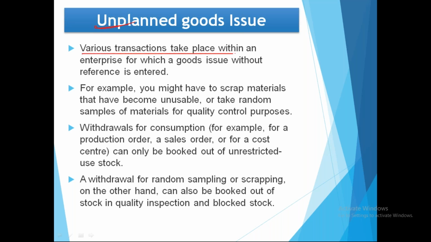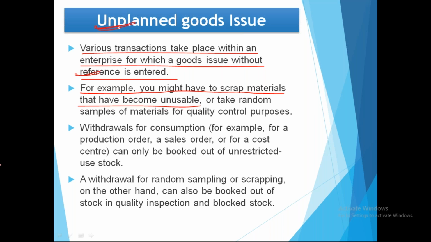Various transactions take place within an enterprise for which a goods issue without reference is entered. Sometimes suddenly you do the goods issue without any reference, which is called unplanned goods issue. For example, you might have to scrap materials that have become unusable.